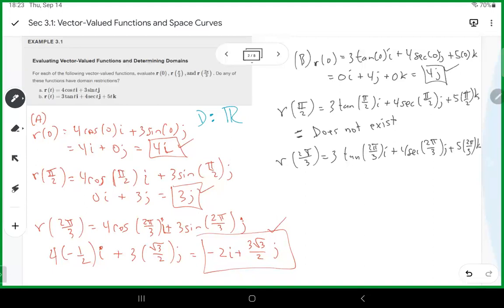And that is going to work out to be 3 times negative square root of 3 i plus 4 times negative 2 j plus 10 pi over 3 k. And then if you work all that out, you would get negative 3 square root of 3 i minus 8 j plus your 10 pi over 3 k.